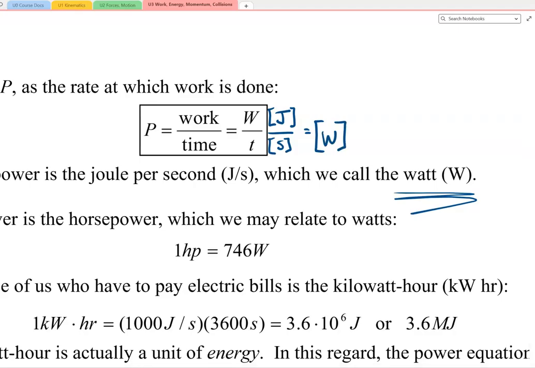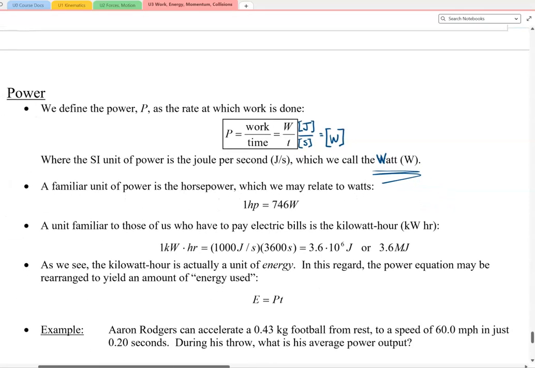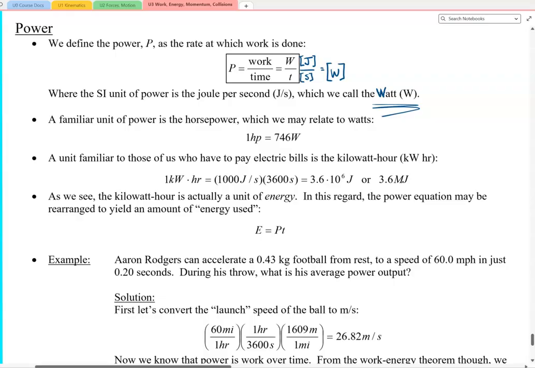This can be a little bit confusing if we're using W for work, especially capital W for work, and we're now using capital W for watt. We should use capital W for watt because that is a person's last name. So use a capital W for watt there. The notation can be a little bit confusing.